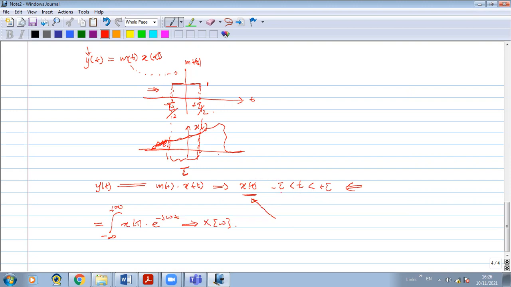So if you find the Fourier transform of this signal, y(t), you have to find the Fourier transform of x(t), e to the power minus j omega t, but the limit is from minus tau to plus tau.